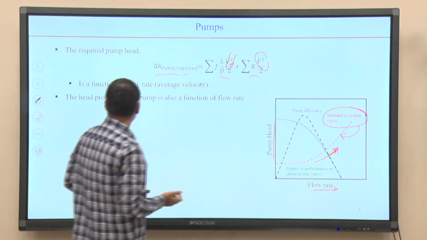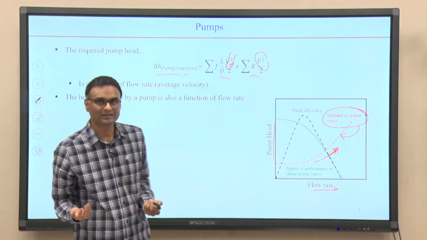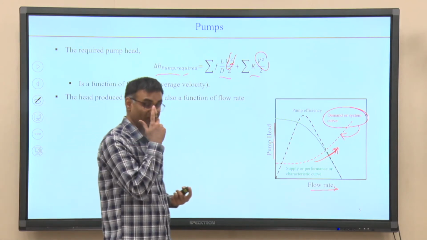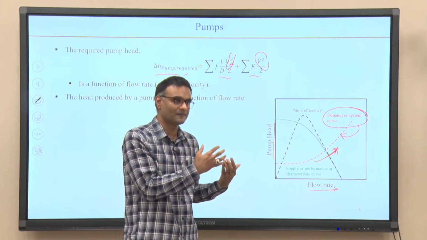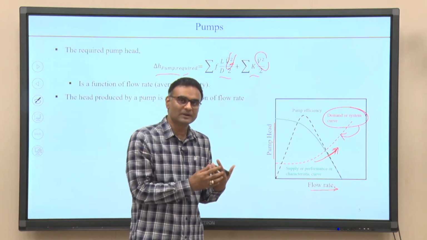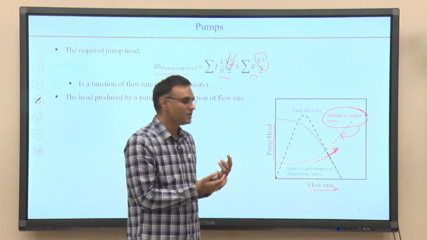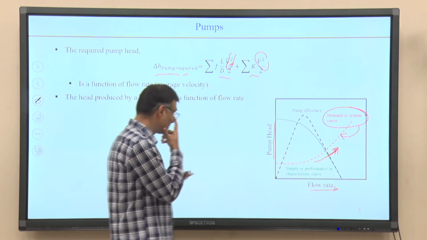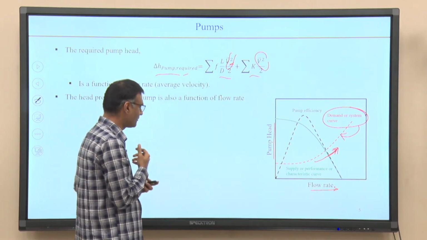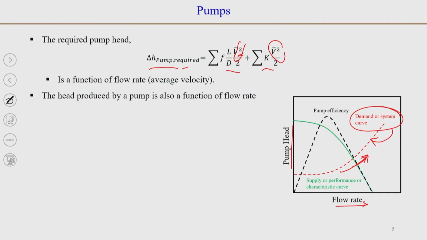Now, the head that is produced by the pump is also a function of flow rate, and when you buy a pump, along with it comes a manual, so the manufacturer provides the data about the pump. That is called the characteristic or pump performance curve. It can be called the supply, performance or characteristic curve.